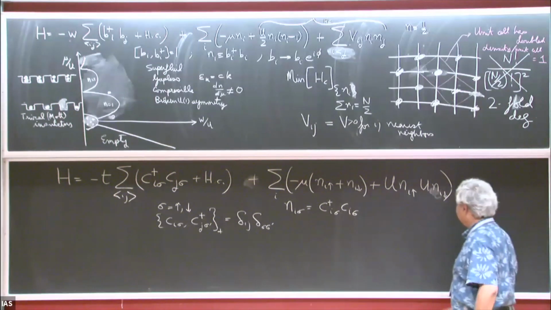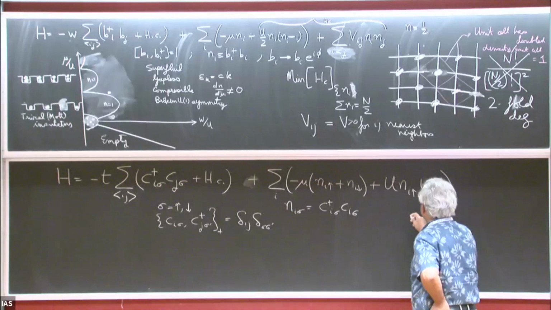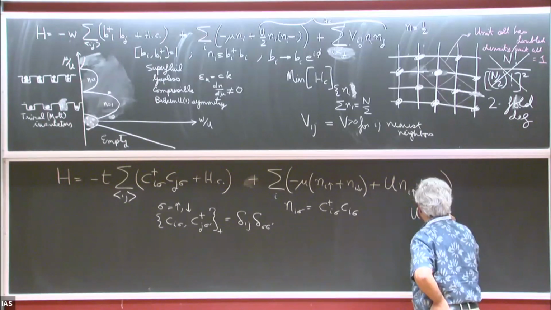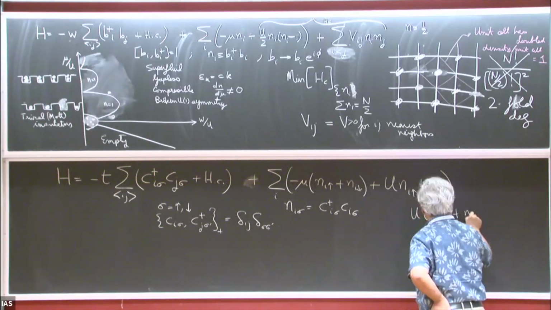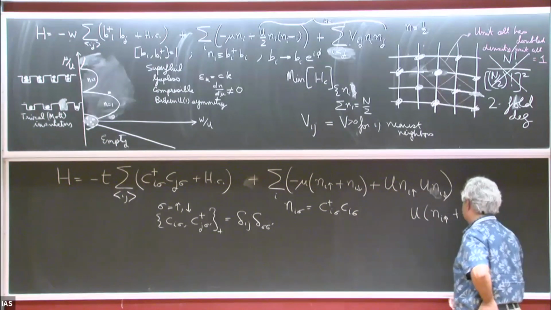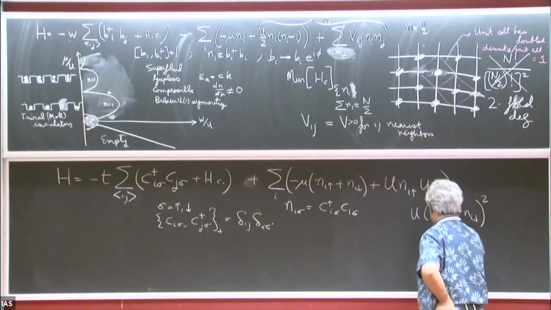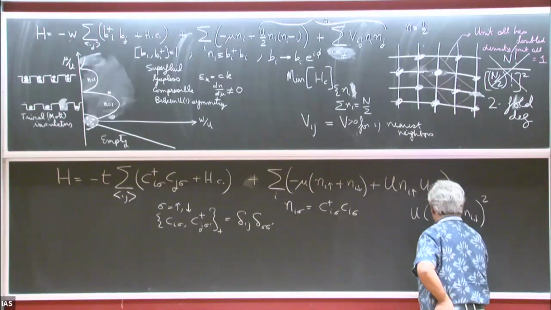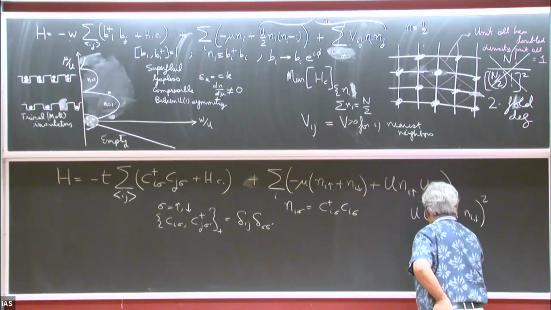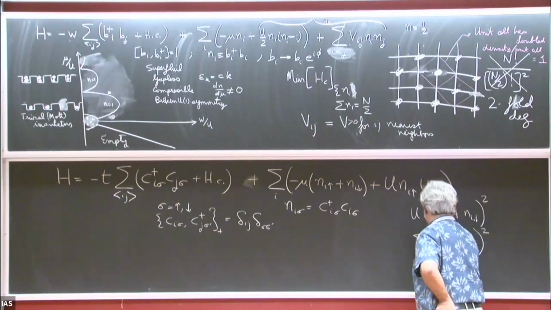The reason it is, well, there are many ways to see it. But one thing you might notice is, how about if I wrote it this way: U times (n_{i↑} + n_{i↓}) squared. That looks spin rotation invariant because this is the same as the sum over sigma of c†_{iσ} c_{iσ}, whole squared, and then a sum on i.